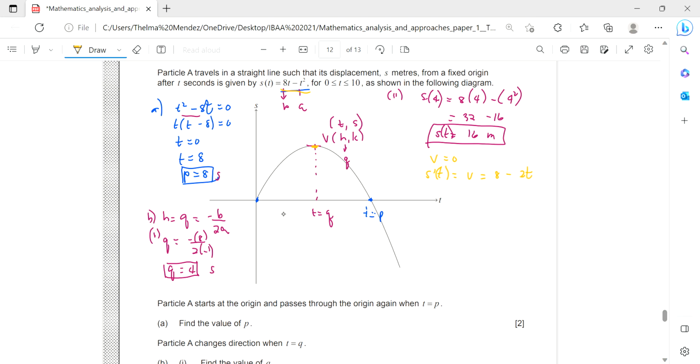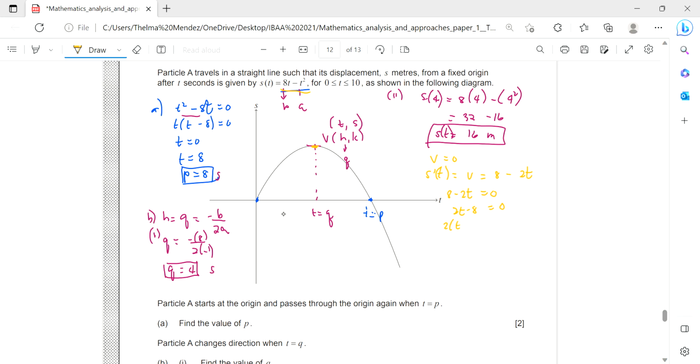And then we equate 8 minus 2t equals 0. I'd rather work on 2t minus 8 equals 0, multiplying both sides by negative. As I said, I always want to start with a positive coefficient for the one with the highest degree.